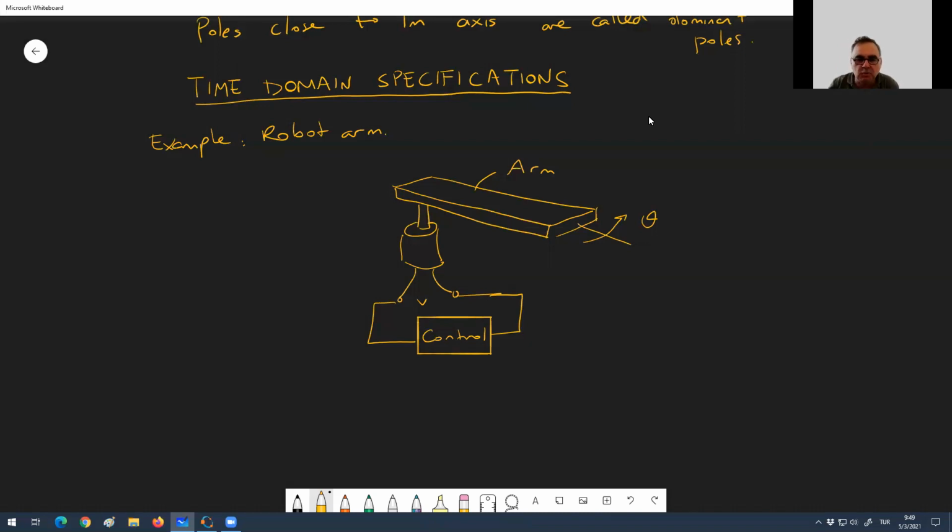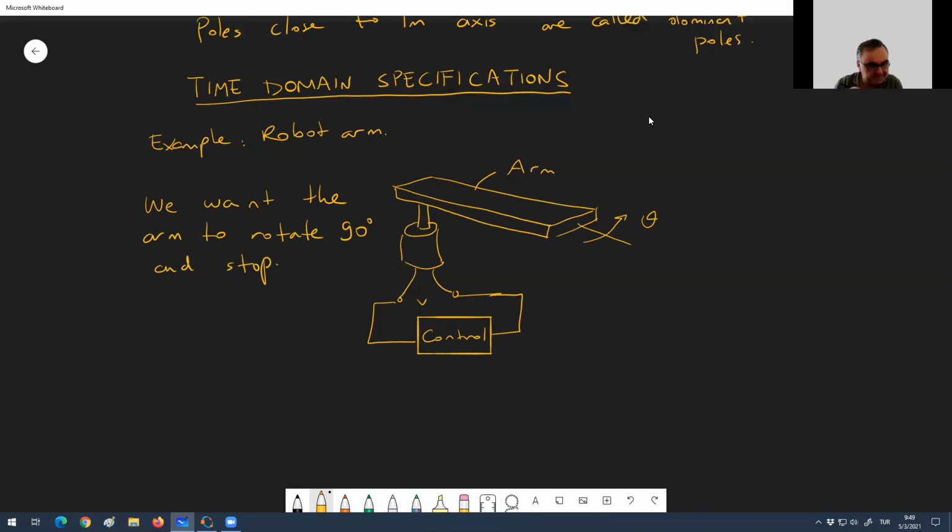So you give a command for the arm to rotate 90 degrees and stop.